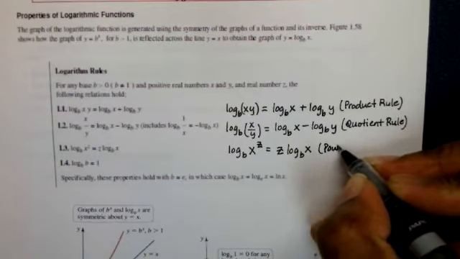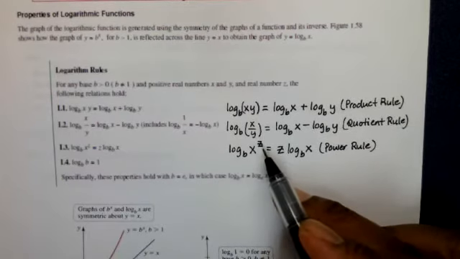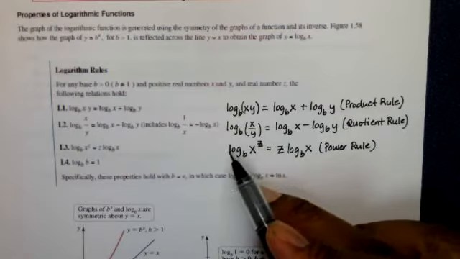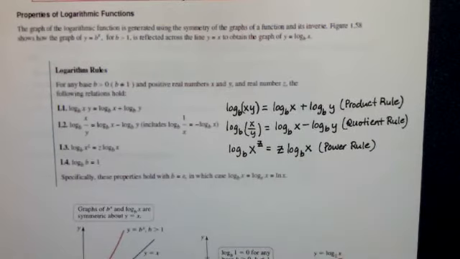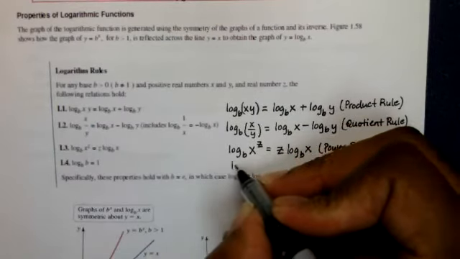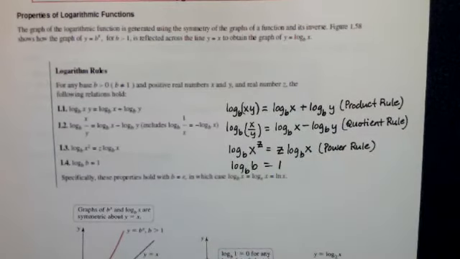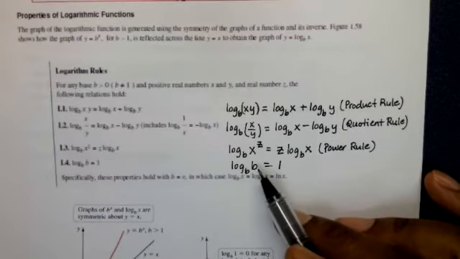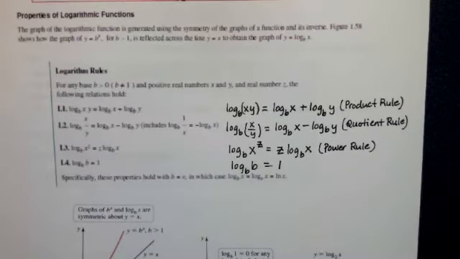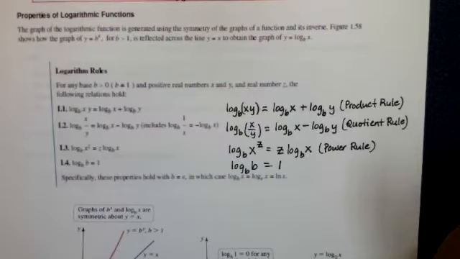That power goes in front of the logarithm as your coefficient, so it'll be z times log to the base b of x. And then the fourth one was log to the base b of b is equal to 1, because you have to think of b to what power would give you b right back, and it must be the number 1. And these properties hold for natural logarithms as well.